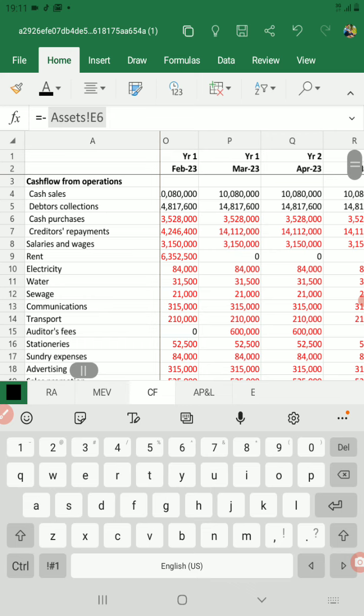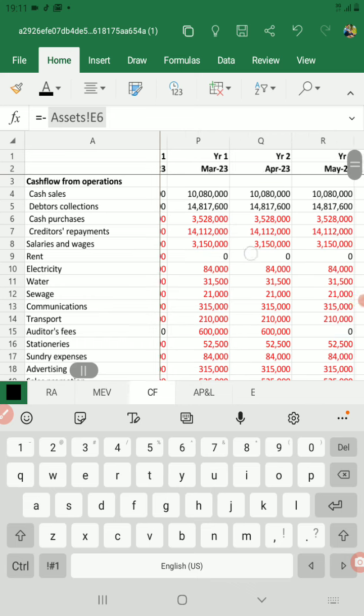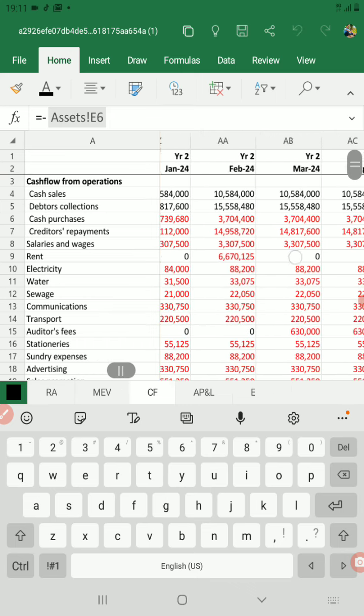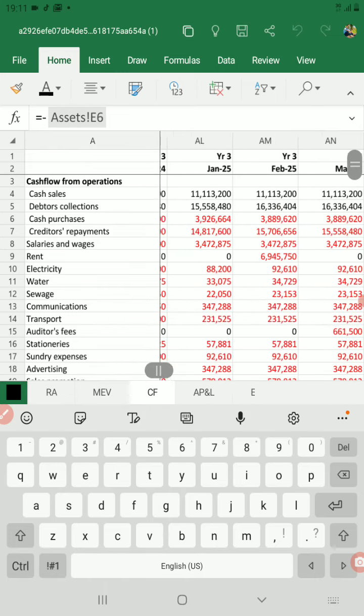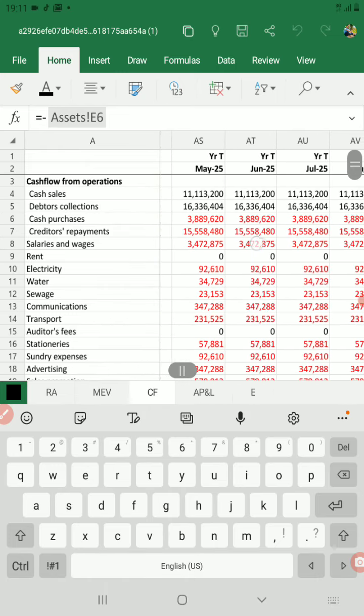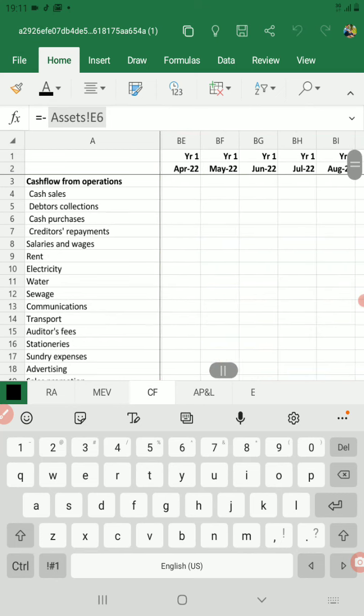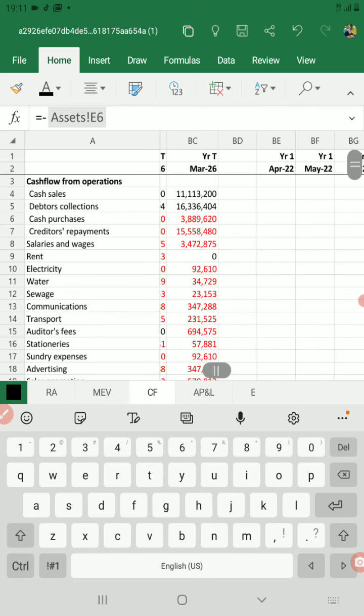Okay, so having said that, now let us start preparing. Here is where we will start, with cash sales in April.